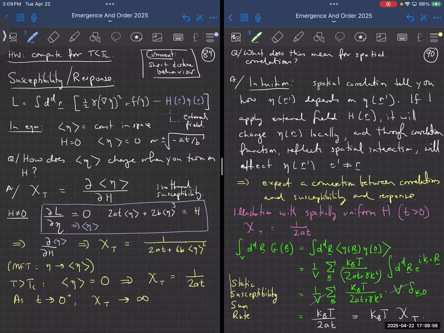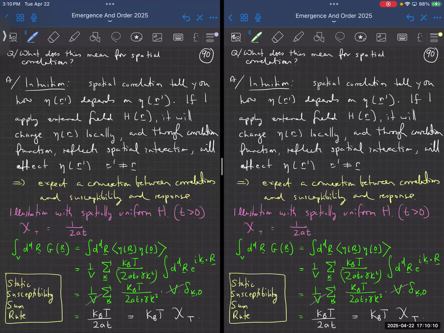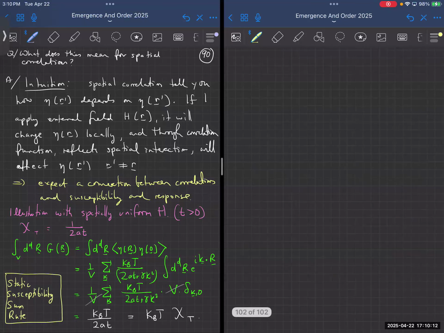Here I did it by working backwards from the answer, but you can prove it more generally, and that's explained in my book, so you can look at that if you haven't seen it before. Okay, so now what I want to do is apply this to our systems with continuous symmetry.